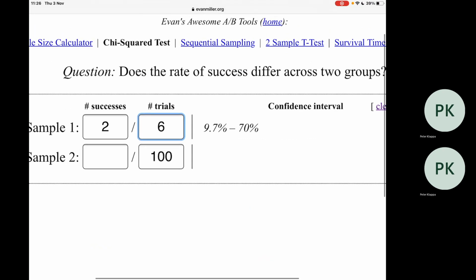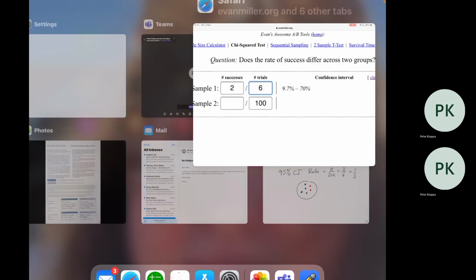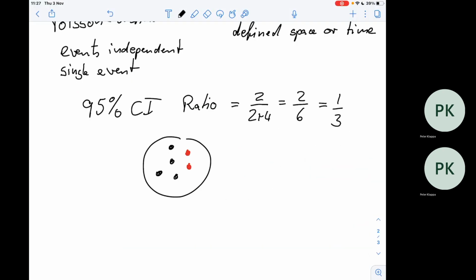And it will give you a confidence interval, again, that basically goes from 9.7% to 70%. It's huge. Write that down. 9.7% to 70%.